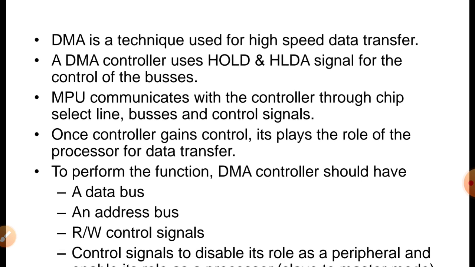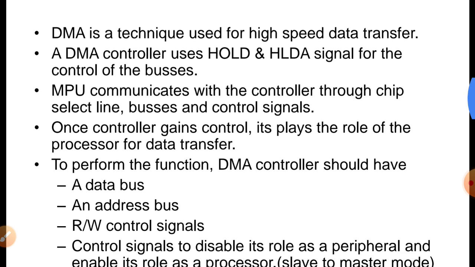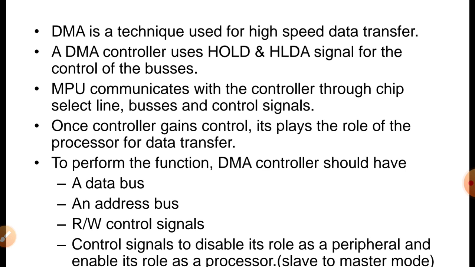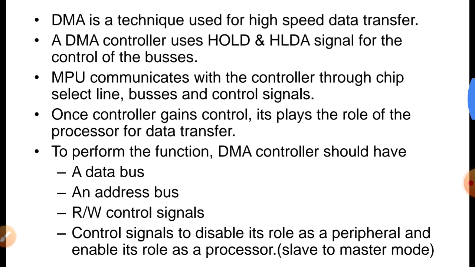So, direct memory access data transfer is possible only when the control over these buses is taken out from the processor part to the device part.